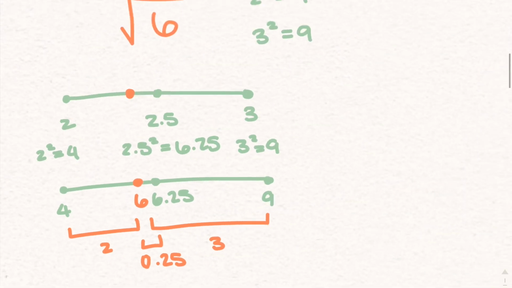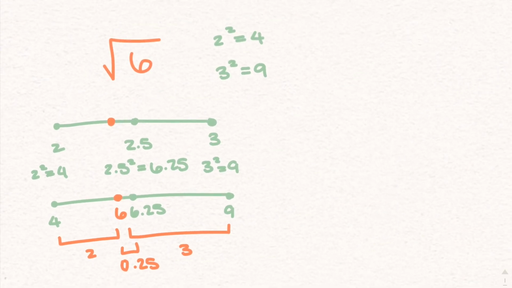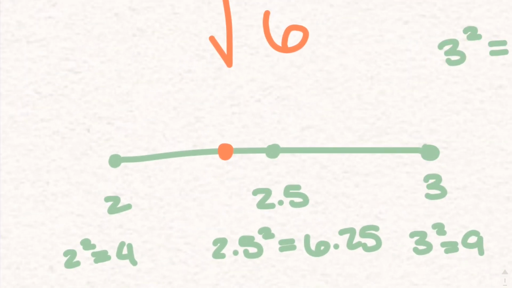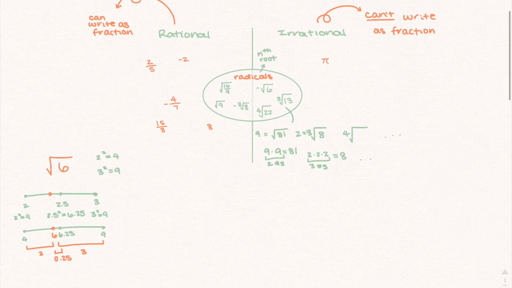So the square root of 6 is going to be closer to the square root of 6.25, which means that the square root of 6, when approximated, is going to be closer to 2.5 than to 2 if we look at this number line up here. So we can conclude that to the nearest half, root 6 can be approximated to 2.5.